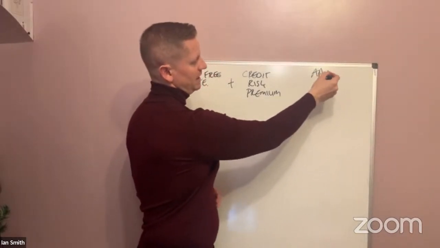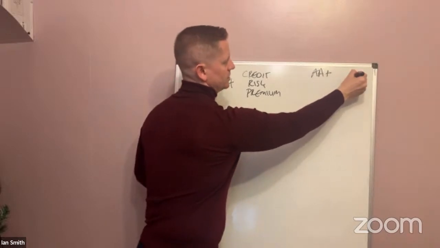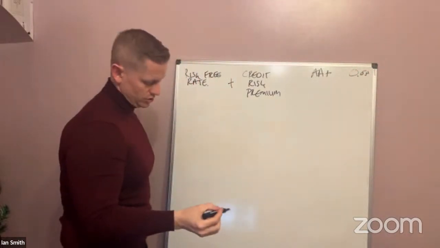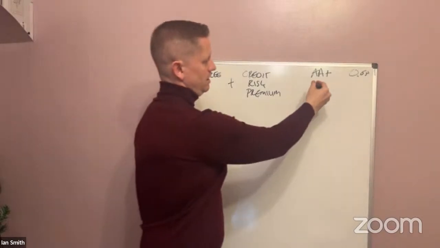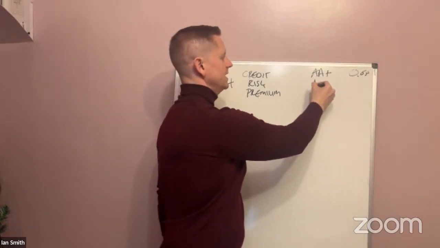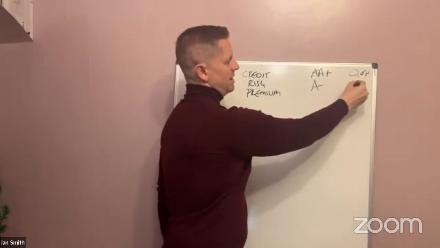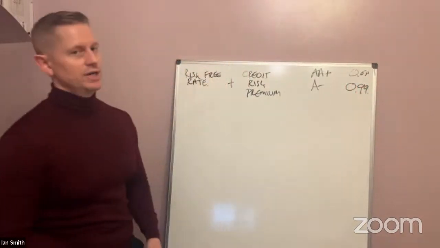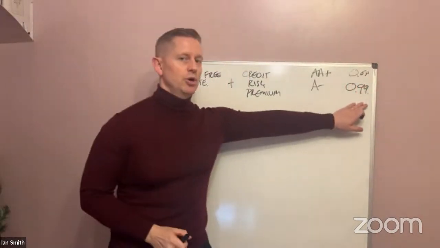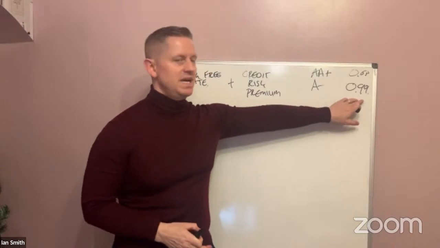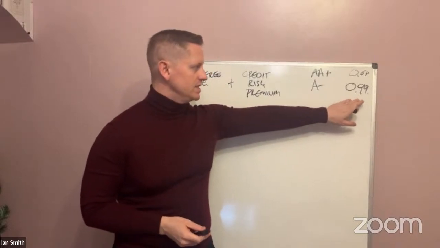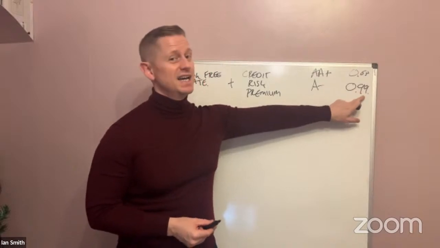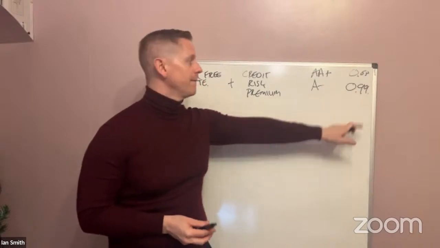So you might have a AA plus, that might give you a factor of 0.63, for example. If you've got a credit rating of A minus, for example, it might give you a required yield of 0.99, and these are basis points. So a basis point is 1/100th of a percentage point. So 0.99 rounds up to 1%.